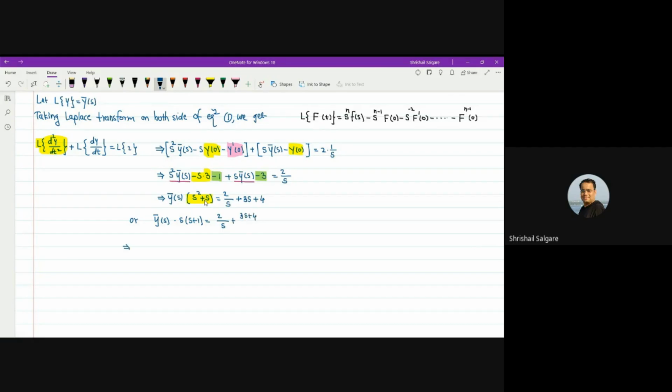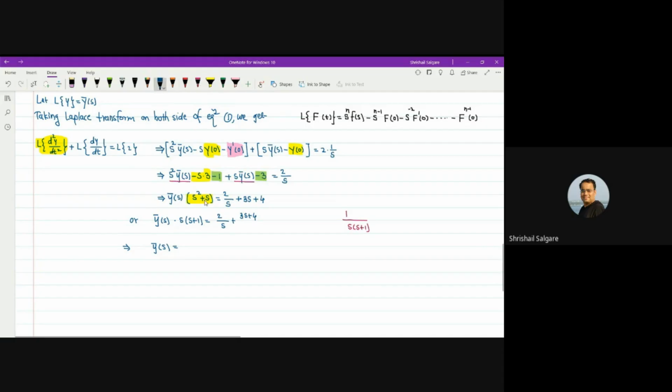From this, y bar of s is equal to, I will multiply the whole equation by 1 upon s into s plus 1.